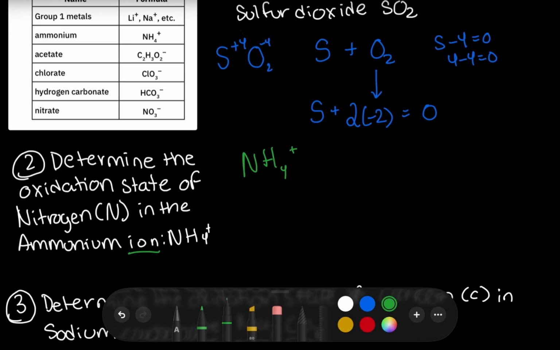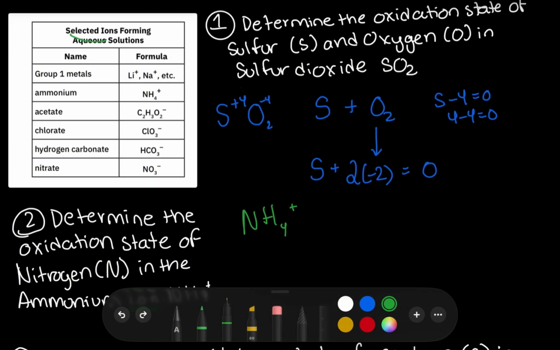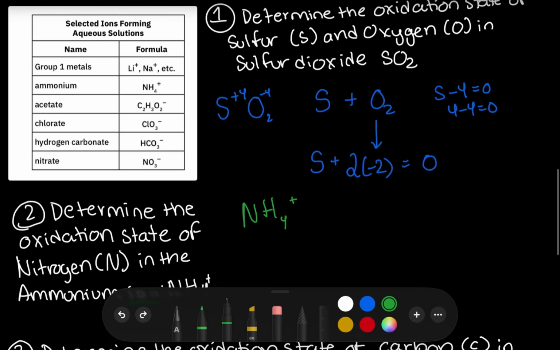If we look at our table up here, selected ions forming aqueous solutions, we can see that NH4+, which is ammonium right here, has a net charge of +1 because all of these have an invisible 1 attached. So we're going to actually set this equal to +1.